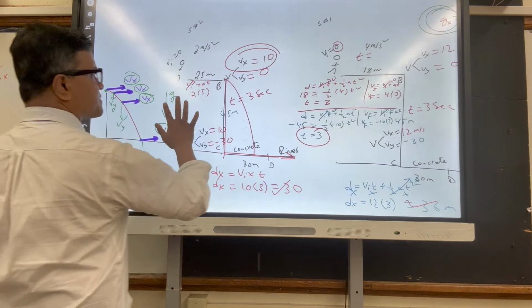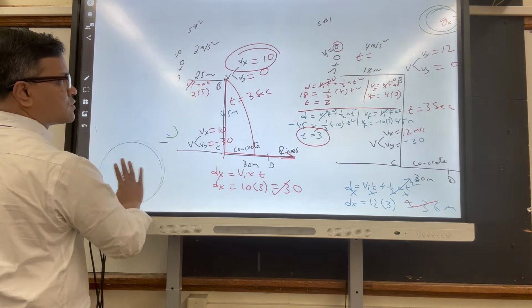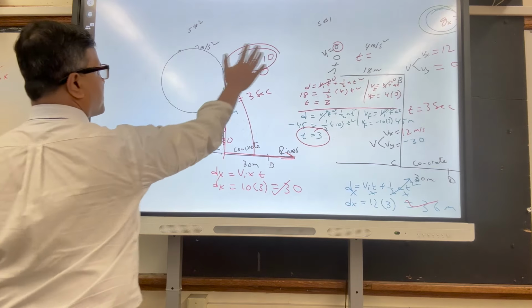Six graphs. I wanted to draw six graphs using this one.